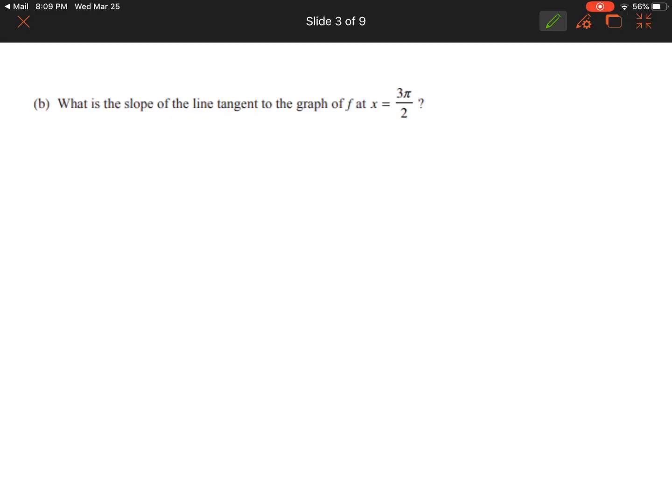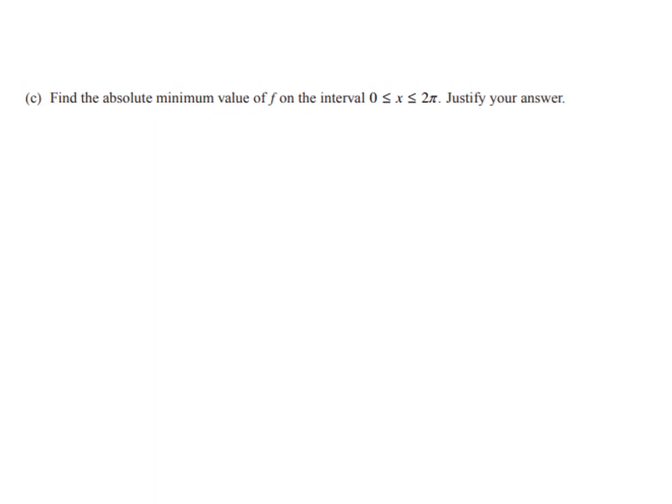Moving on. So we have part C of the FRQ, and that is to find the absolute minimum value of f on the interval 0 is less than or equal to x is less than or equal to 2 pi.